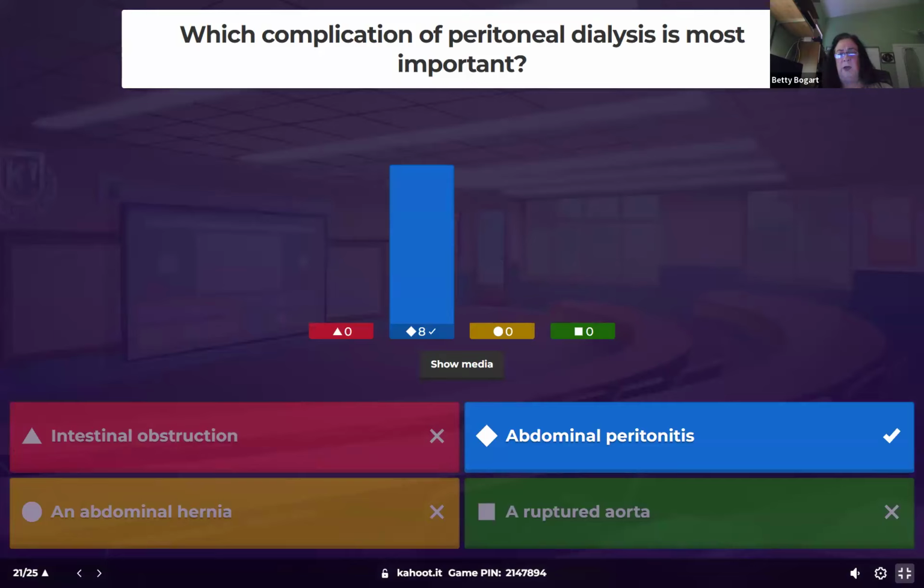You have only one abdomen. Our biggest concern is that we get it infected, so abdominal peritonitis. What would you do if you saw that the fluid color changed or something didn't look right, or redness or tenderness in the abdominal wall? You would call the doctor. And of course, the doctor is going to order antibiotics.